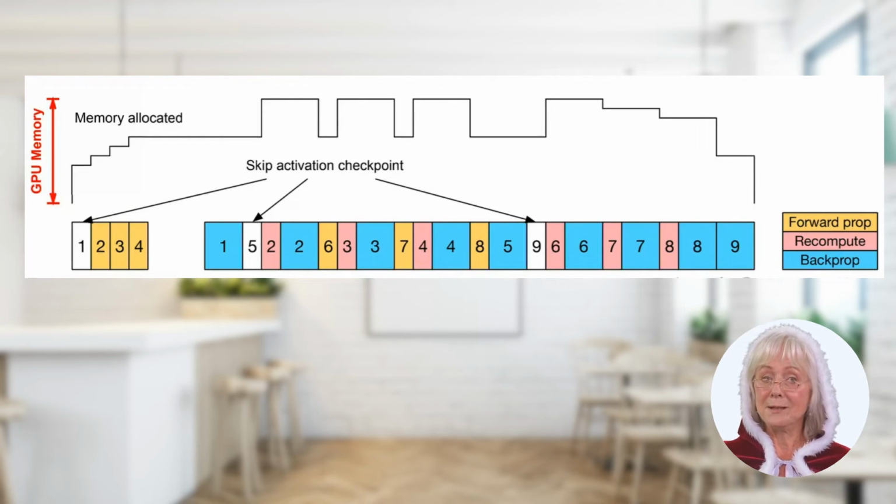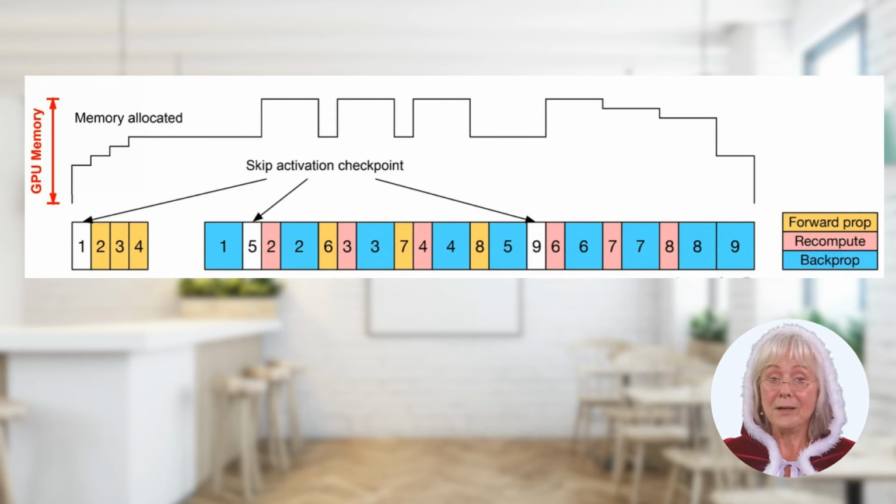The first one is something called activation checkpointing. Remember, during the forward pass, each layer of the model computes its activations and passes them to the next layer. These activations need to be stored because they are used again during the backward pass when computing gradients. But storing all these activations for a billion-parameter model would be memory-intensive.